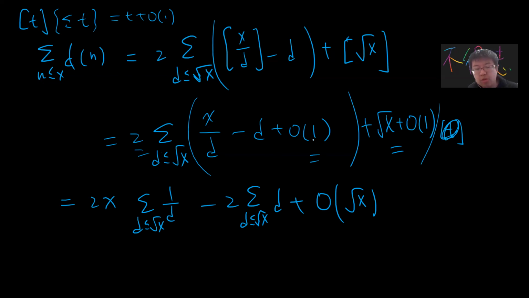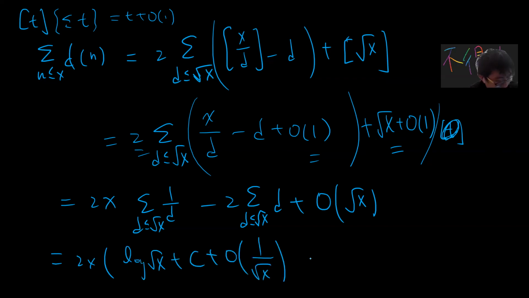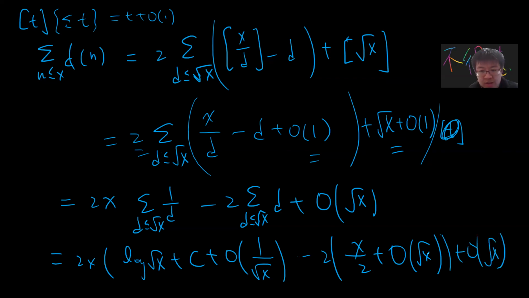Right, because this is O(1), this is a square root of x, so let's write this. Now this is 2x log square root of x plus c plus O of 1 over square root of x plus 2x divided by d, x divided by 2 by O of square root of x plus O of square root of x.